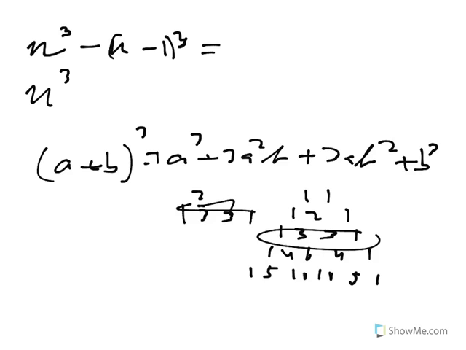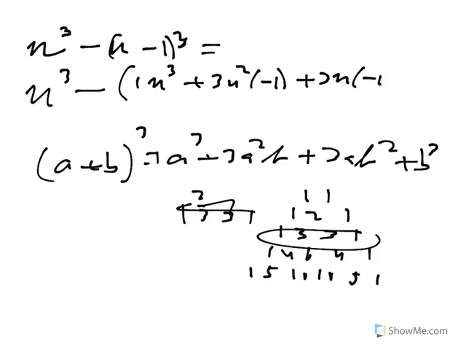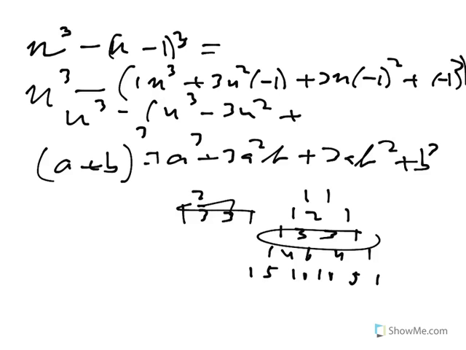So when we apply that to n minus 1 to the third, it's going to be 1 n cubed plus 3n squared times negative 1 plus 3n times negative 1 squared plus negative 1 to the third, which becomes n cubed minus 3n squared plus 3n minus 1.